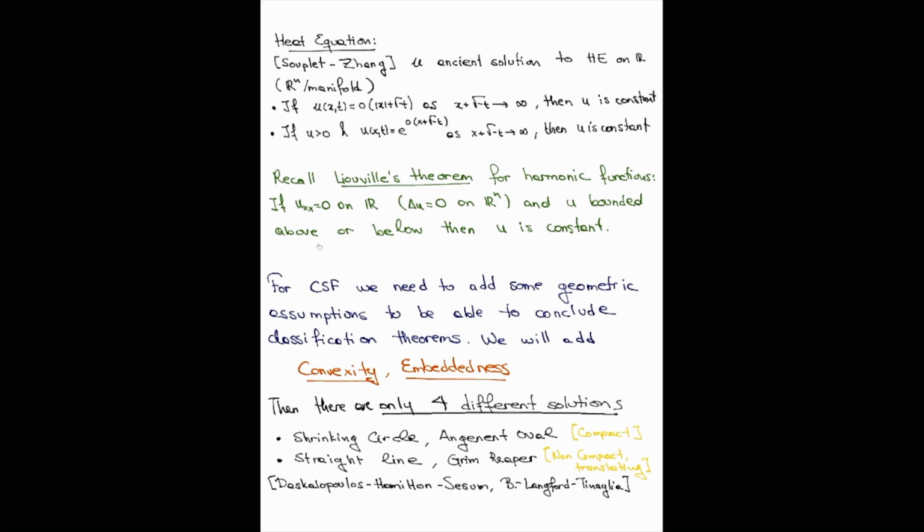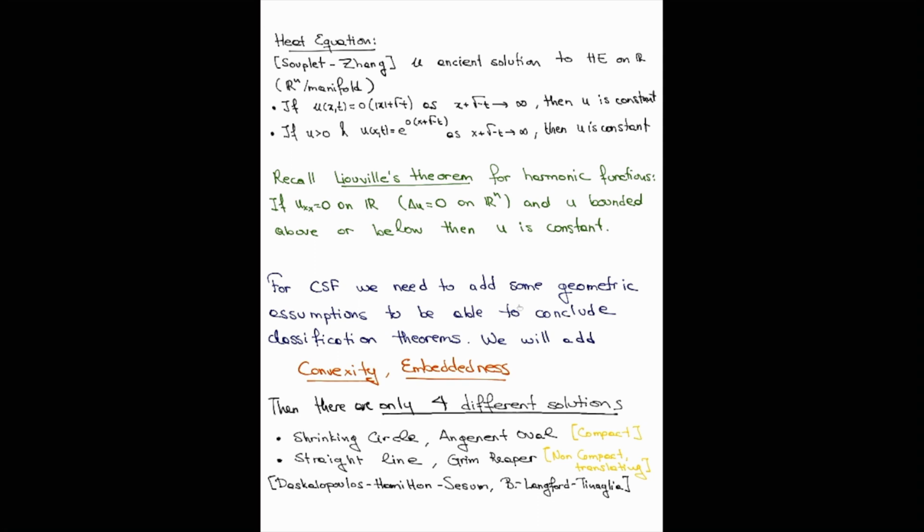Of course, in R this is a very simple thing, because once you know that the second derivative is 0, you know your function is linear. So of course it cannot be bounded unless it's constant. But in higher dimensions, it's more interesting.